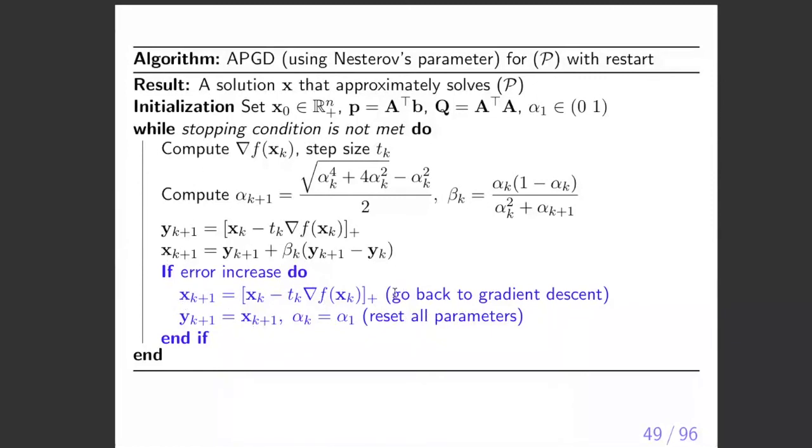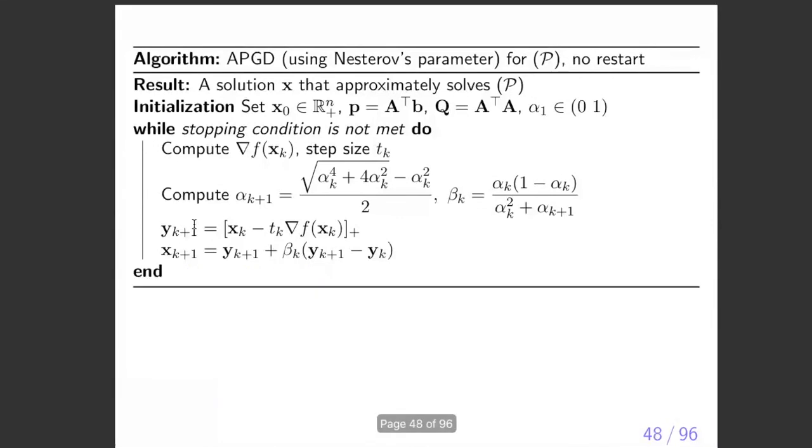That is, you go back to the gradient descent by updating this step, and then you reset all the parameters, because you start the algorithm at k equal to 1 by this value, so you restart alpha k back to this initial value again. And this is the gradient step, and you put this yk back to xk. So this is no restart. This is restart. You can see basically just a very minor change.